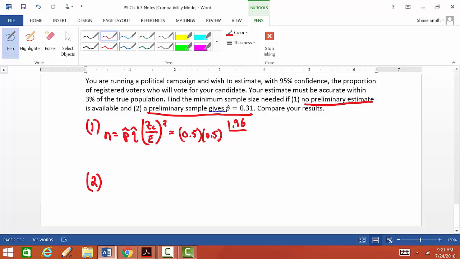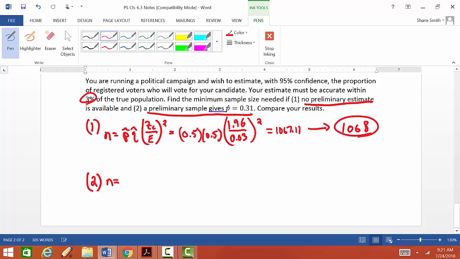Well, it says your estimate must be within 3%, so that's 0.03. And when you do this, you get 1067.11, but you should remember to always round sample size up, so that's 1068.